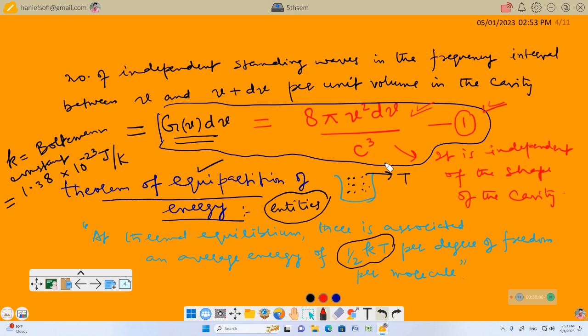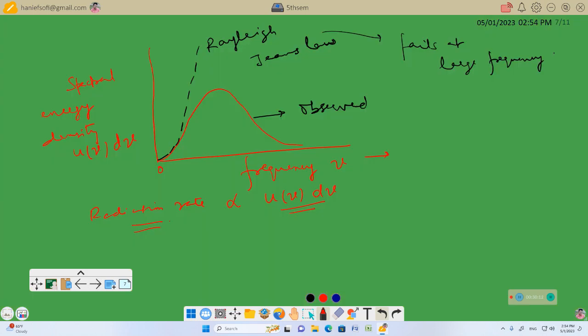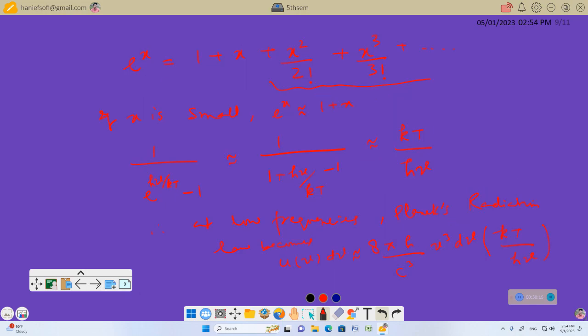So if you take G nu d nu from equation 1 and the average energy, which is not classical now, according to Planck, from equation 6, you will get Planck's radiation formula, equation 4. So I hope you got the idea where the error was and what modification was done by Planck in the formula of Rayleigh-Jeans law.